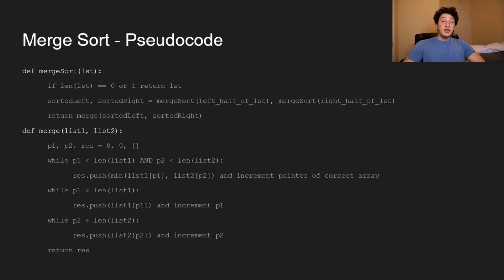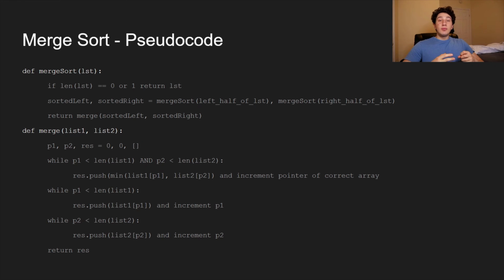Okay, so let's now look at the pseudocode for merge. We're going to have a pointer for list 1, a pointer for list 2, and we're also going to allocate a new array where we store the actual result of the merging. We look at the elements corresponding to the pointers for list 1 and list 2, and append the minimum element to our resulting array.